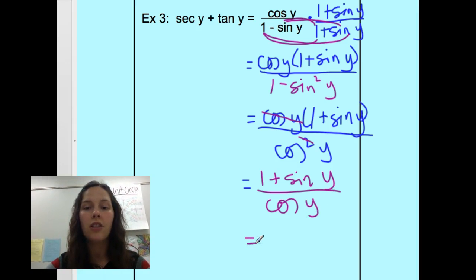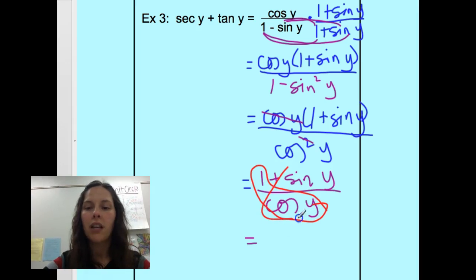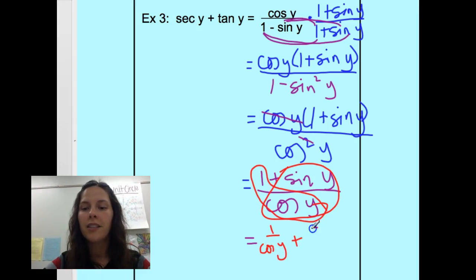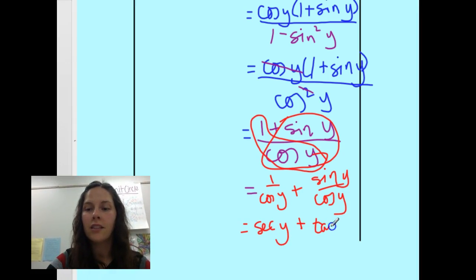Now that I have a single term in the denominator, you may remember from Algebra 1, we call it the butterfly method. We're going to divide each term by the cosine. So 1 over cosine y plus sine over cosine. 1 over cosine, the reciprocal of cosine is secant, and sine over cosine is tangent, which is what we started with.